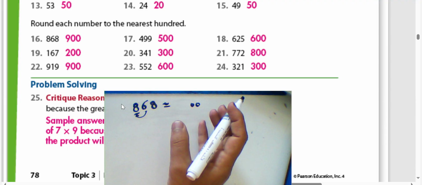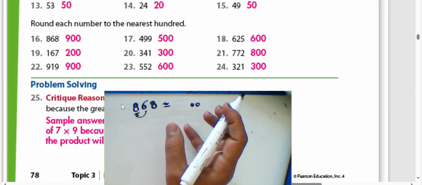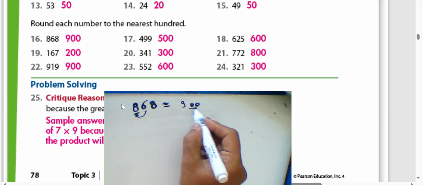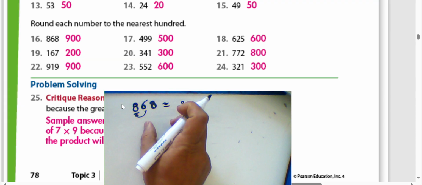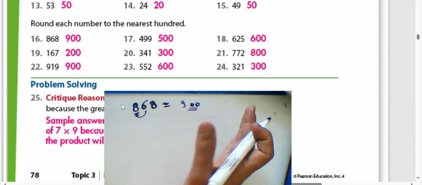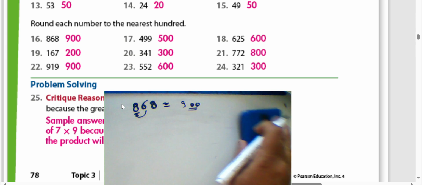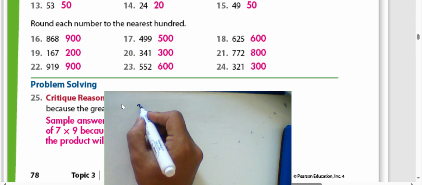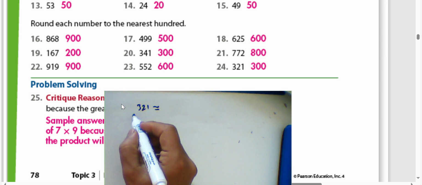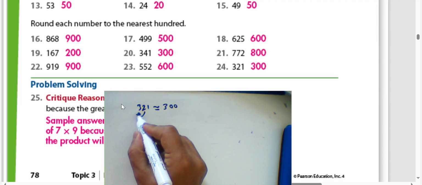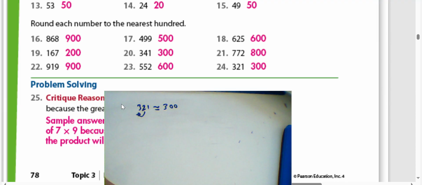An integer greater than 5 and less than 10 is called a rich digit. 6 can give 1 to 8 to make 9, then the result will be 900. 868 lies between 800 and 900, so this number rounds to 900. And also 321, we can approximate to the nearest 100. The result will be 300. 2 can give 1 to 3, then the result will be 300.